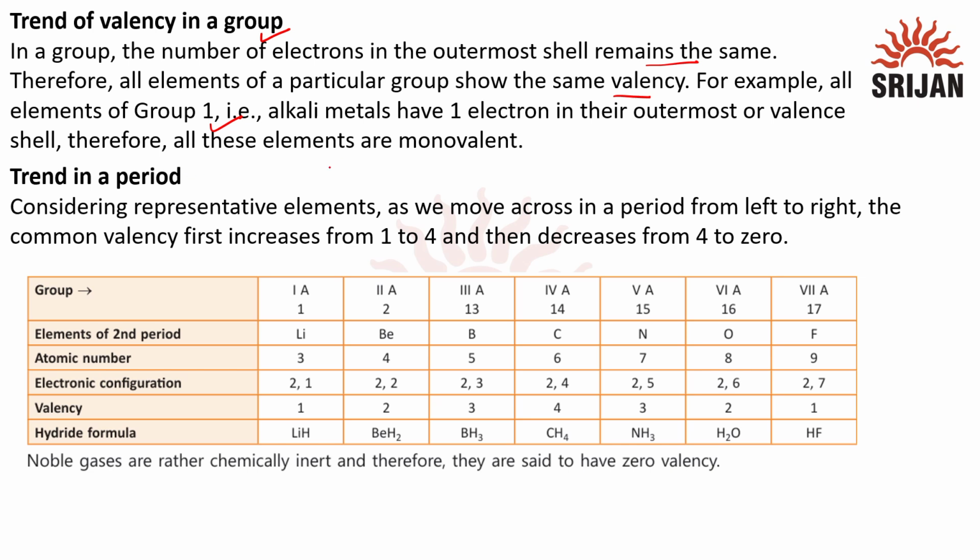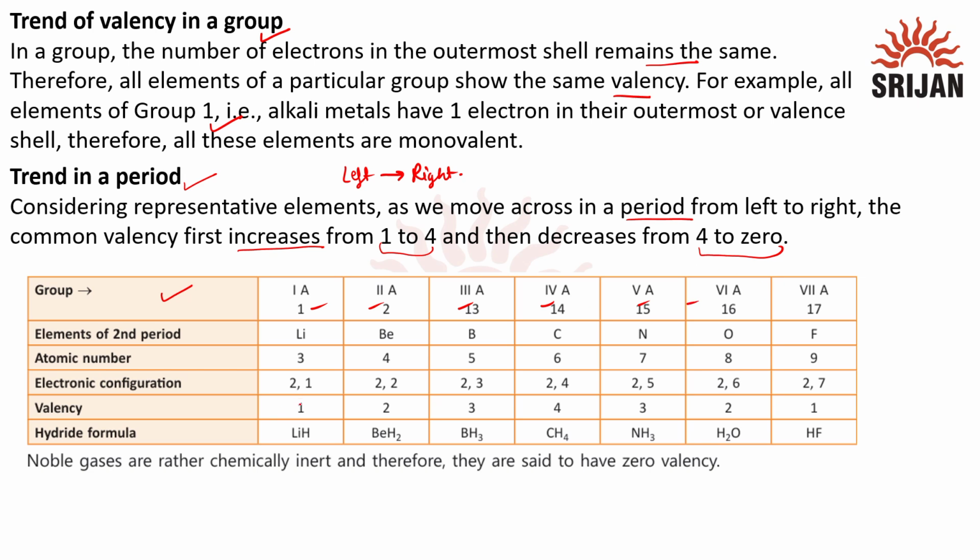Now talking about the trend in a period. So trend in a period means what happens when we move left to right in the periodic table. So considering representative elements, as we move across a period from left to right, the common valency first increases from 1 to 4 and then decreases from 4 to 0, right? So here we can see groups 1, 2, and then 13, 14, 15, 16, 17.